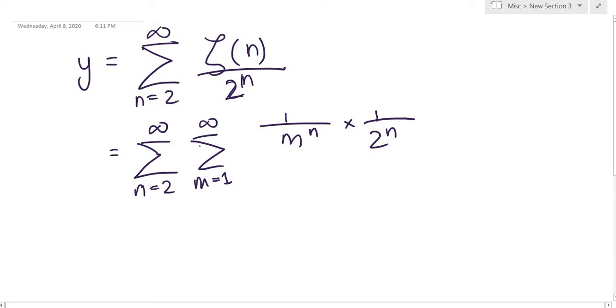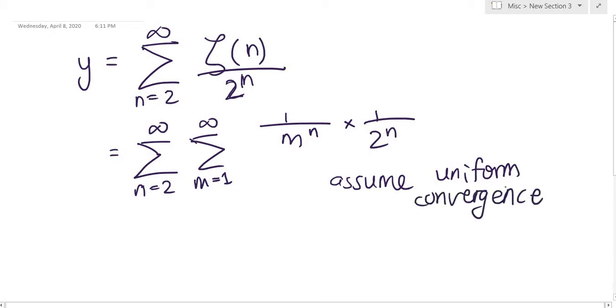Now, the only thing that we can do here is to assume uniform convergence. And if you ask me why, I'll tell you. Because that's when we can interchange these two infinite sums.